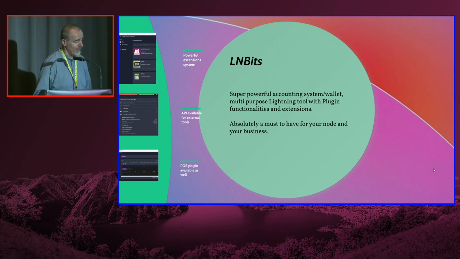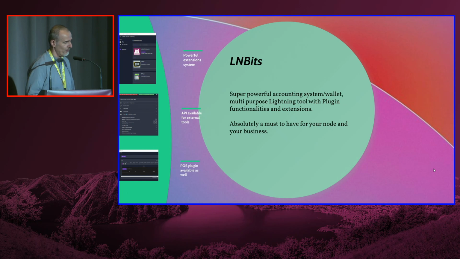So LNbits, if you run a node, is strongly important because it's a super powerful accounting system that you can have on your node. It doesn't matter if it's a node that you run on your own hardware or a cloud node, for example, Voltage or Phoenix or something like this.